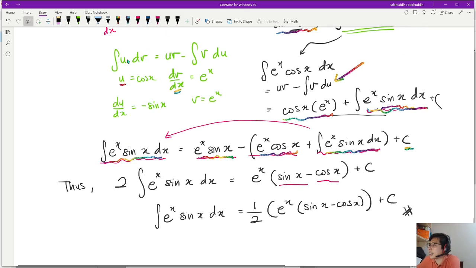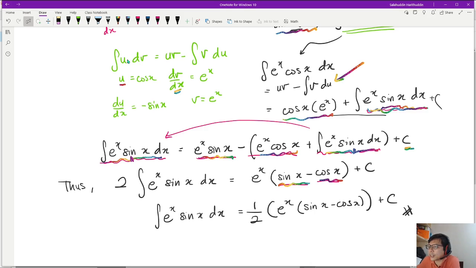Now I realize that these two are the same, so I can just bring this back to here because it's a minus. Bring that here, I got 2, and then I just collect everything here, sine x, cosine x, leave out the e to the power of x, and then I get this answer.